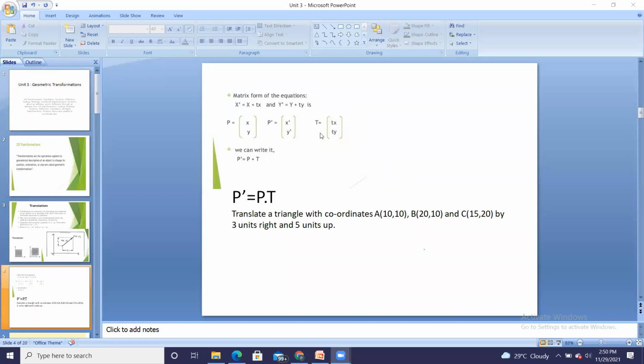But is it possible to directly add these two matrices? How is the addition carried out here? If I perform addition like this, will you get the same result, x dash and y dash equal to P plus T? So what is P? P is your x, y, and here it is tx and ty.